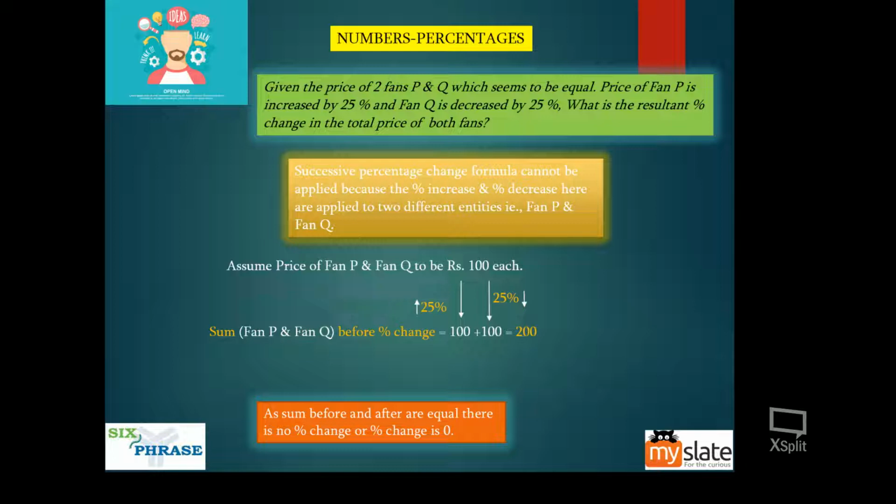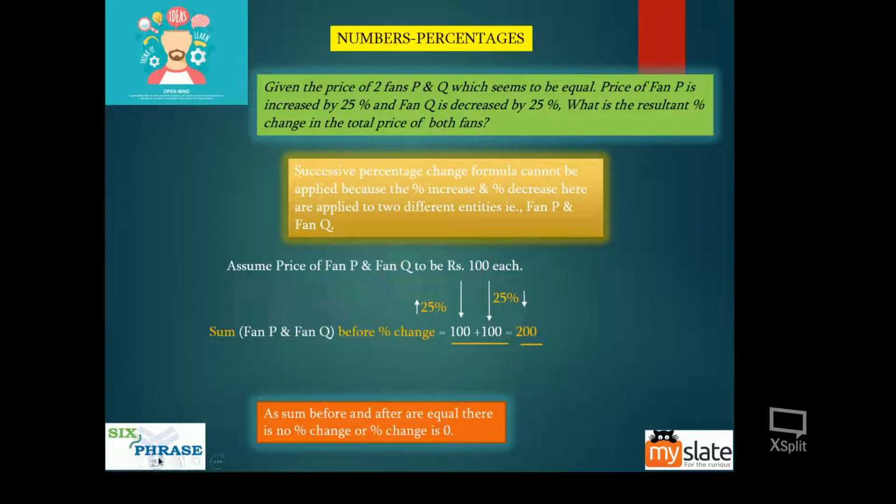Guys, can you see now you are applying the percentage changes to a sum of numbers. You are applying the percentage change to 200, but 200 here is written as 100 plus 100. I told you only when it is expressed as a product of two numbers can you apply the successive percentage change. Here it is a sum of two numbers, so you cannot apply the successive percentage change.